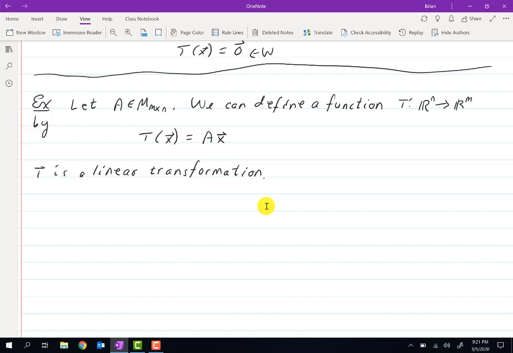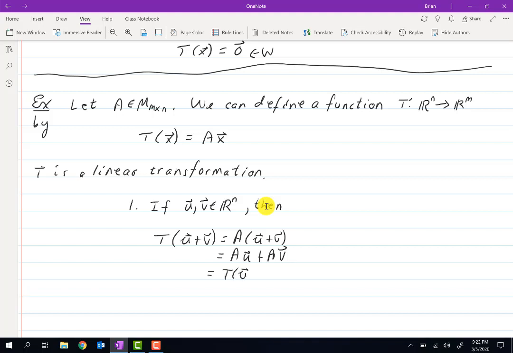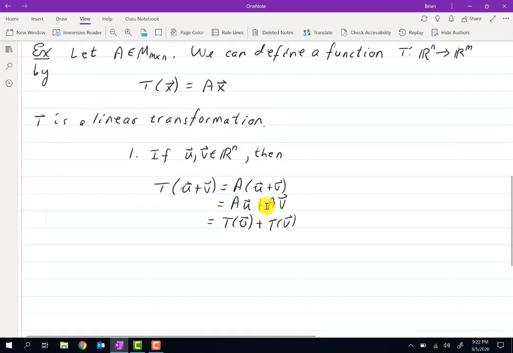So, for example, in part 1, if U and V are in R to the N, then T of U plus V equals A times U plus V. We already know matrix multiplication is distributive. And then if I finish this off, A times U is equal to T of U, and A times V is equal to T of V. So it has the closure property under addition.